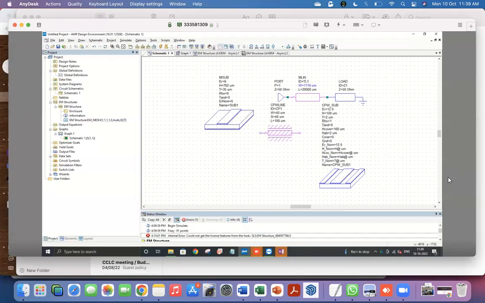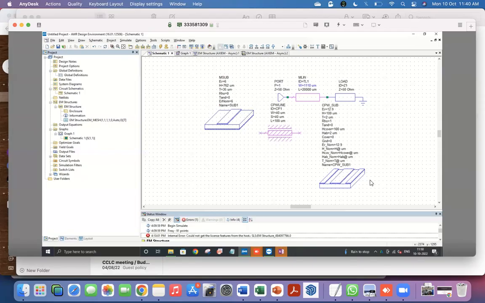Just to summarize, coaxial is always the transmission line one uses for connecting signals between instruments, and the other three are planar transmission lines, and they are used for propagating signals along a chip or a circuit board to get them to wherever they need to go, maybe at the end to a device, or that microwave structure itself could be the device you are interested in. We finished with a very quick look at the full EM structure simulation platform.